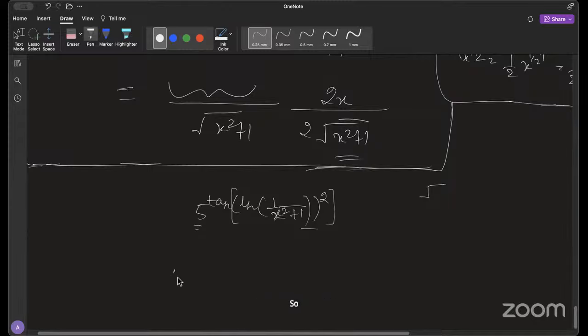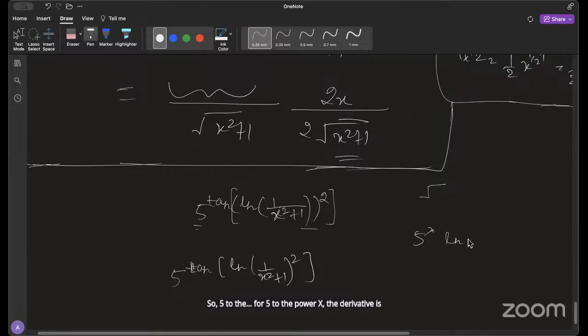So it's the derivative of 5. Consider this entire thing to be just x. So the derivative of 5 to the power x is 5 to the power x only. And as I said, keep the argument the same, so keep this entire thing the same. And because you have 5, for 5 to the power x, the derivative is 5 to the power x natural log of 5.